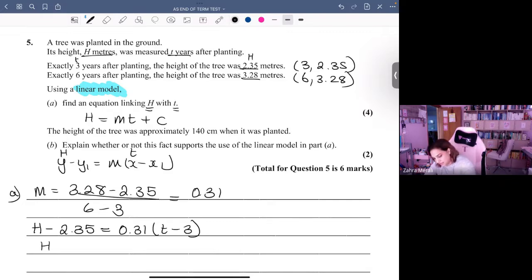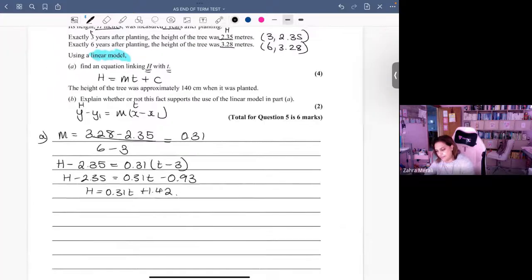Right, and I'm going to clean that up: 0.31t, and I'm only cleaning it up because I'm going to need to use it, minus 0.93. So h equals 0.31t plus 1.42. Okay, that's part A.